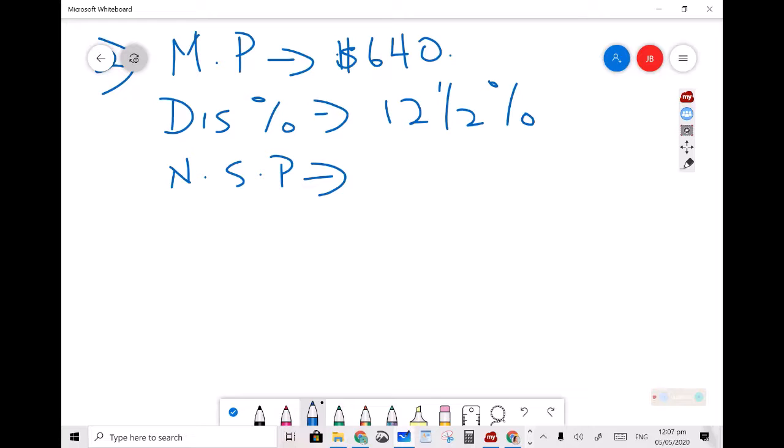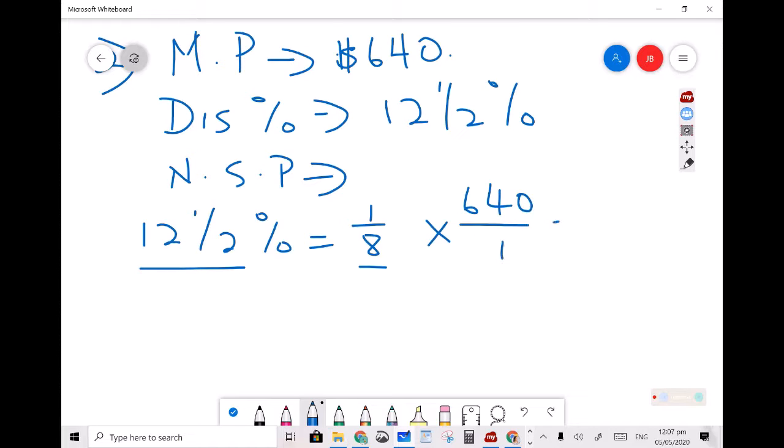So 12.5% is equal to 1/8. So we're going to use 1/8 instead of 12.5. 1/8 of $640. And look how much easier this is, because 8 could easily go into 64 8 times, and then 8 into 0 is 0. So our discount is $80.